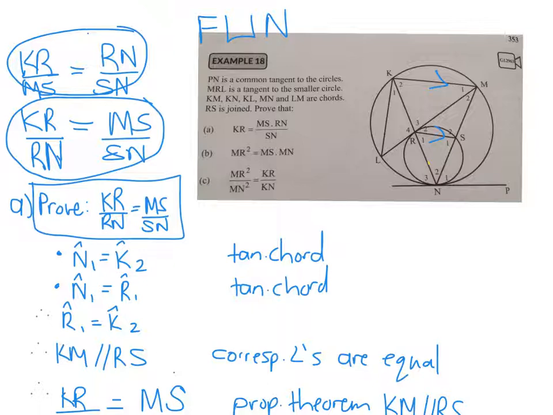But MR squared, I see that there are 2 triangles sharing that side. MR is there, MS is there, and MN is this one. Do you see that this triangle has MR, and also this big triangle has MR? So I'm going to use those 2 triangles, and I'm going to try to prove them similar to each other.